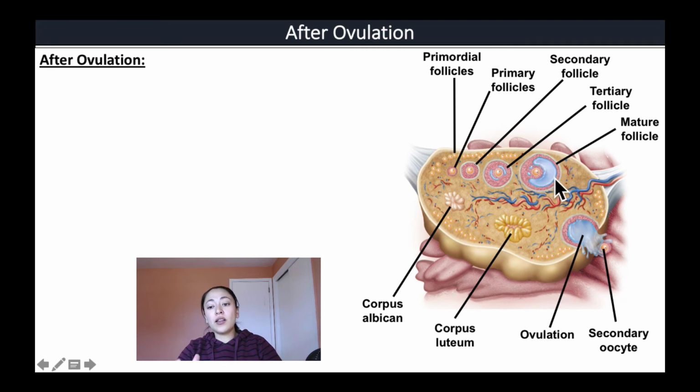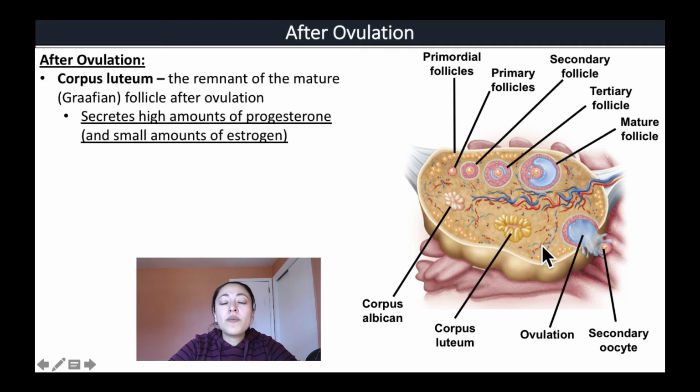That mature follicle will release a secondary oocyte during ovulation. However, notice that some of the follicular cells stay behind whenever it releases a secondary oocyte. Those remaining follicular cells will form a hormone-secreting structure called the corpus luteum. The corpus luteum is a remnant of the mature Graafian follicle after ovulation.